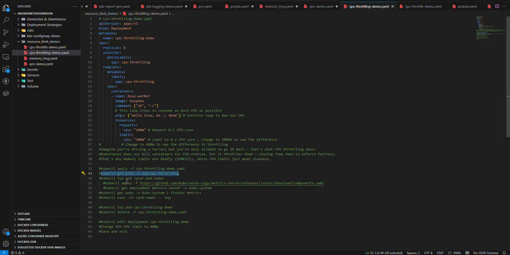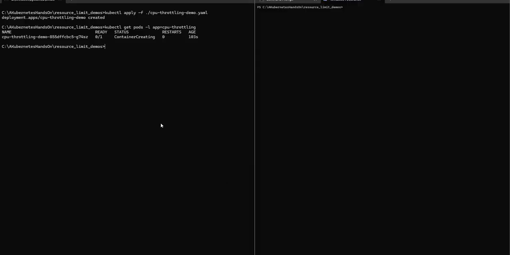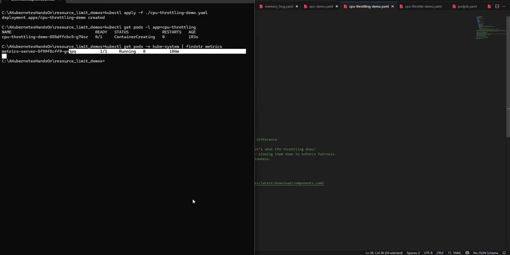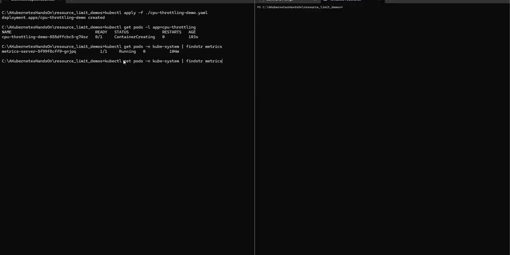Meanwhile, once the pod is getting created, I have the metrics already in place. So kubectl top pod, let's run this command. Okay, so my metrics is already running. That's what I just wanted to show. Let my pod get created. The container is still in creating state.